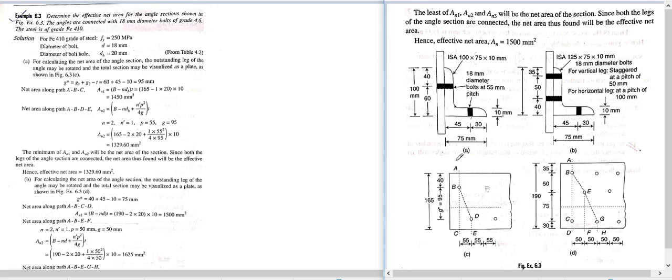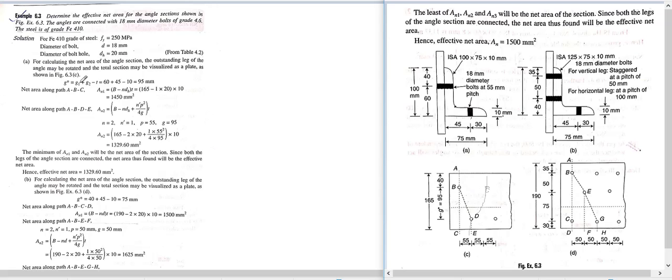Okay, and secondly we may assume that along A, B, D, E there may be some crack. Okay, and thirdly, if you want to assume, you can assume from this point to this point, and this point and this point. Okay, if you can name here, so it may be F G D E. Okay, so like this you can assume different paths and you can find the net area along different paths.